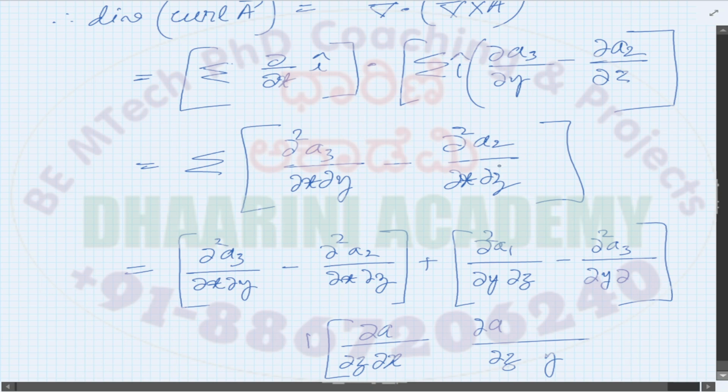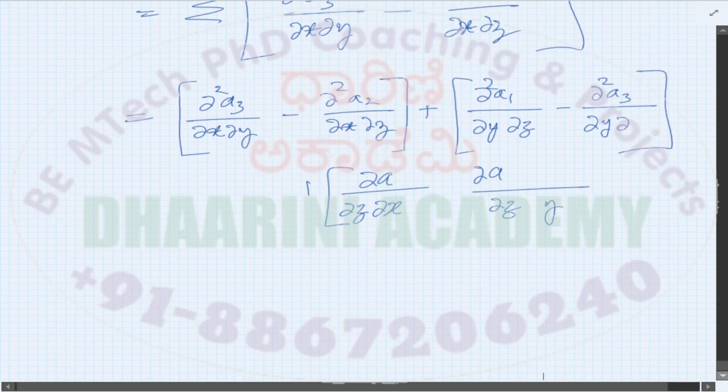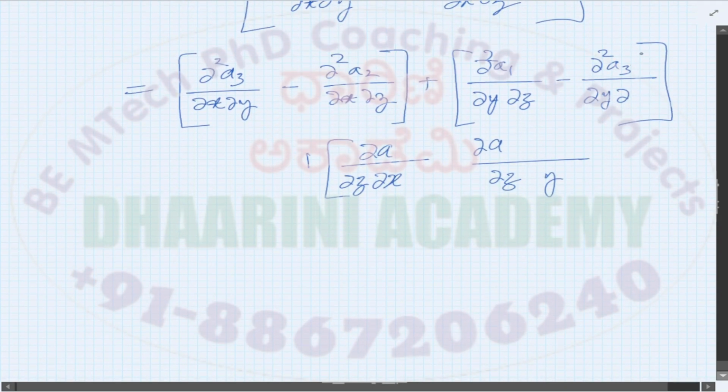We have two terms getting expanded to 6 different terms, what we can see now. ∂²A3/∂y∂x, ∂²A2/∂z∂x, minus ∂²A1/∂z∂y. So if you see the terms carefully, I have ∂²A3/∂x∂y here.